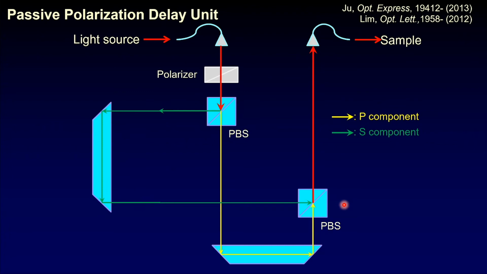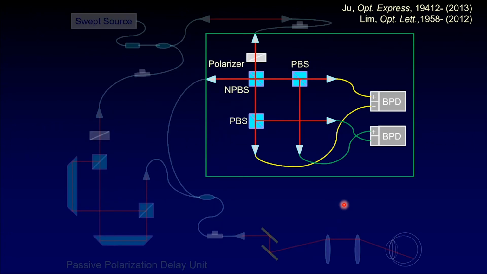And this is used for the OCT detection as a probe beam. So this means we have two OCT signals at different depths in the image because of this delay. And one of the images corresponds to P incident polarization, and the other corresponds to S incident polarization. Okay, by using this trick, we have two images. And then after this trick, we measure the signal by using the polarization diversification.